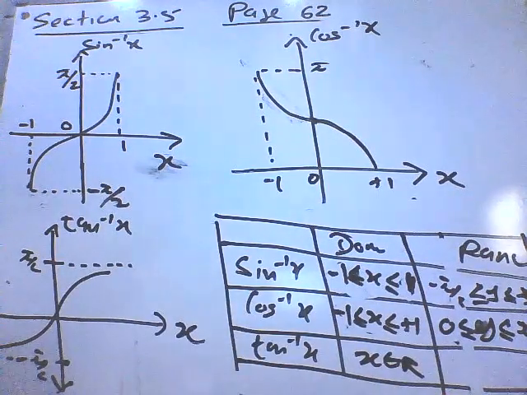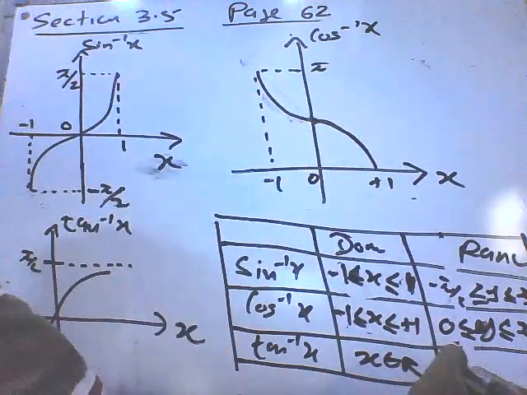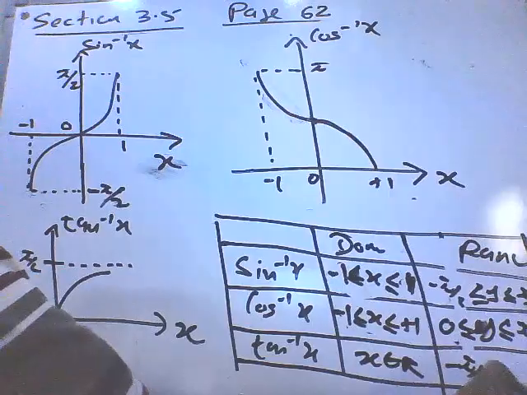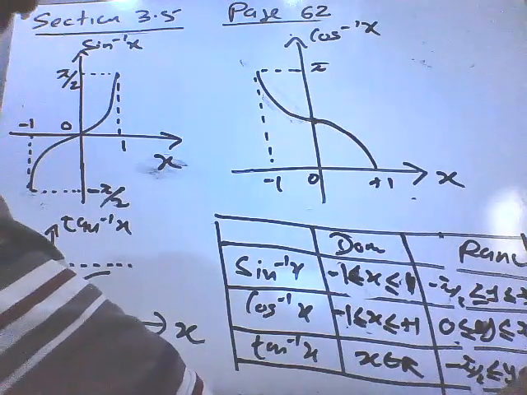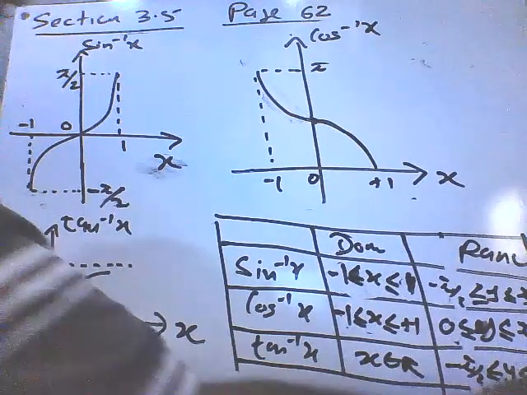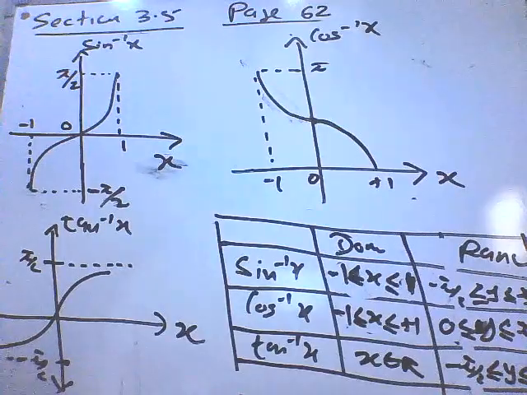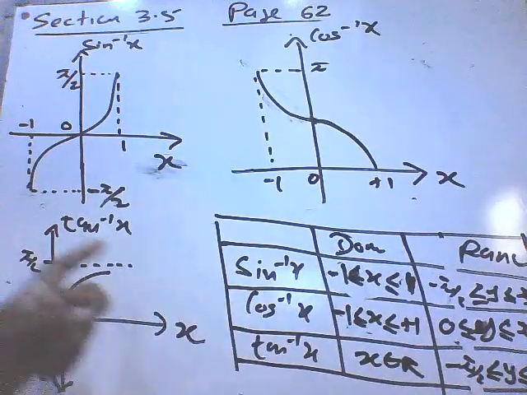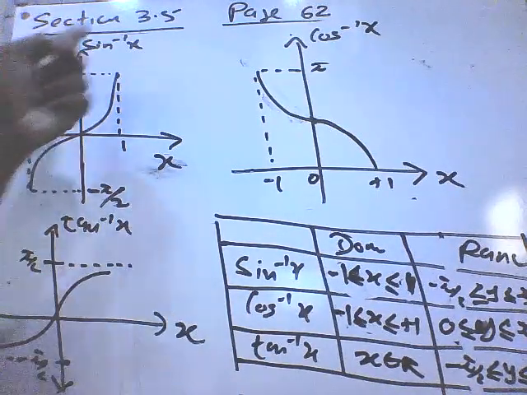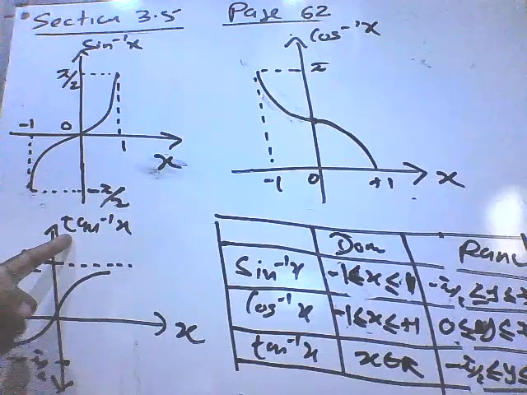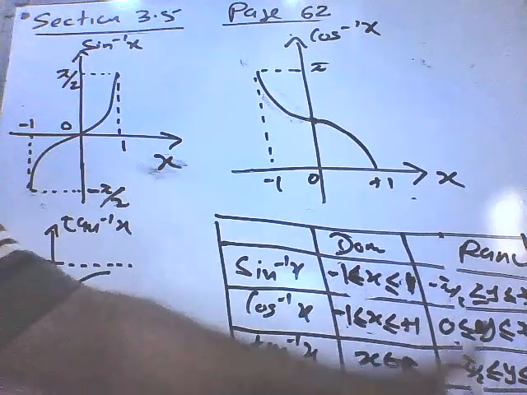And if you take tan inverse, the range would be minus pi over 2 less than or equal to y less than or equal to pi over 2. So you should remember, even the calculator, when you take the sine inverse, cos inverse and tan inverse, it gives the output in this range.